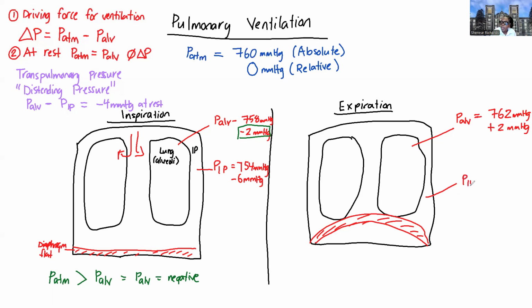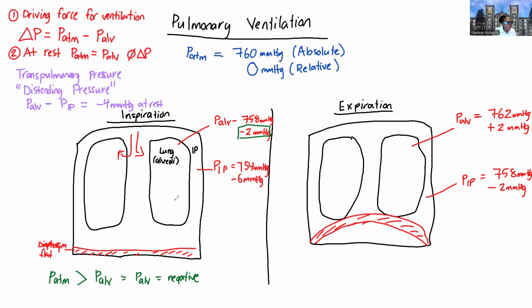So our intrapleural pressure is now going to be equal to 758 millimeters of mercury, and the relative value is -2 millimeters of mercury. Okay, maintaining that 4 millimeters of mercury difference, negative pressure in that space.